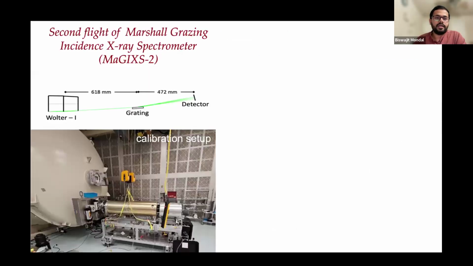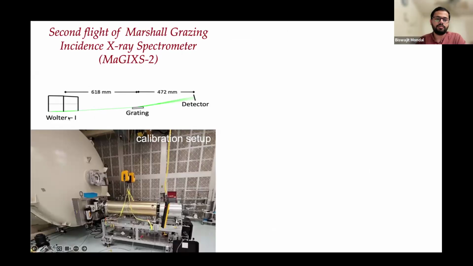So in the last decade at NASA Marshall, we have been developing technologically advanced instruments for slitless spectrometry, where we can disentangle this information from the data. One of these instruments is the Marshall Grazing Incidence X-ray Spectrometer, MaGIXS. It is a sounding rocket instrument, and this is the layout of the instrument.